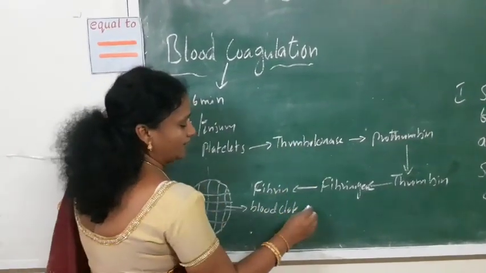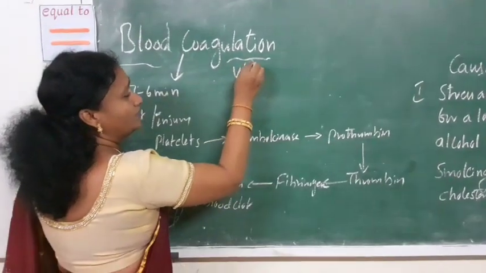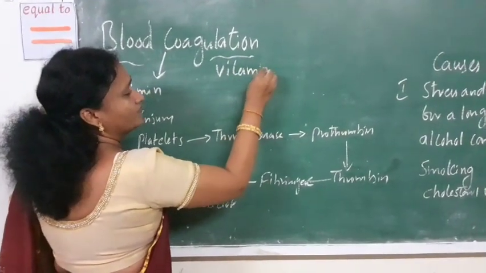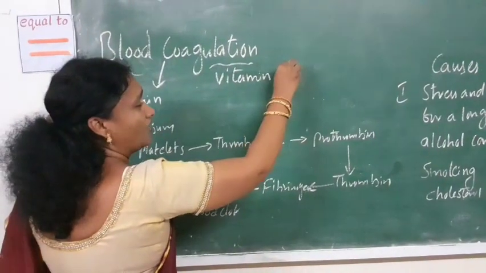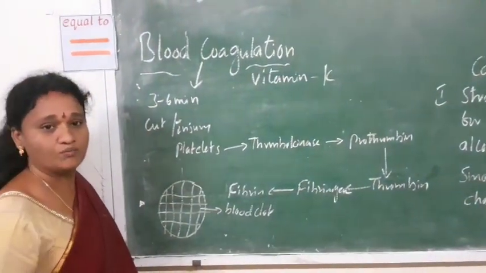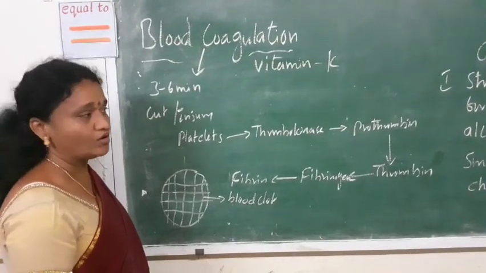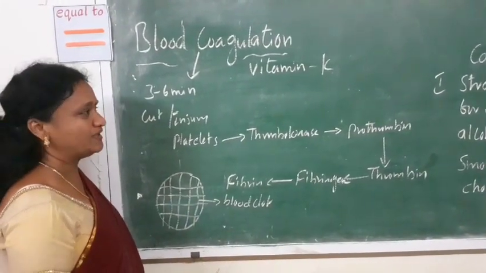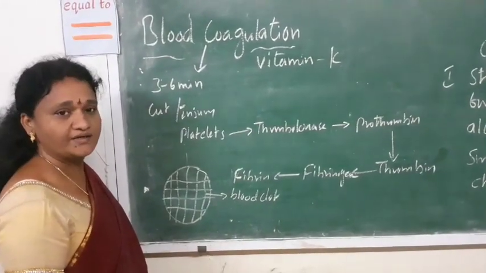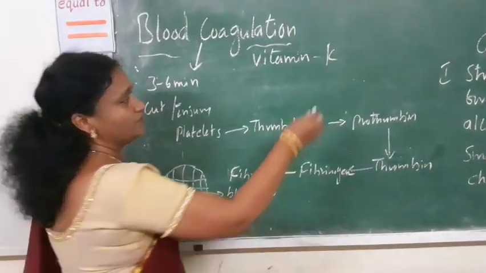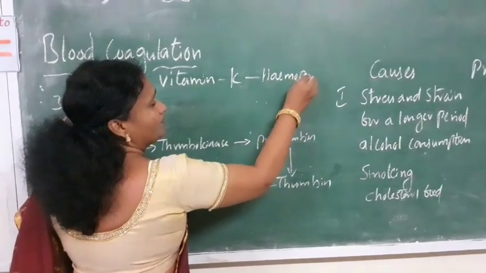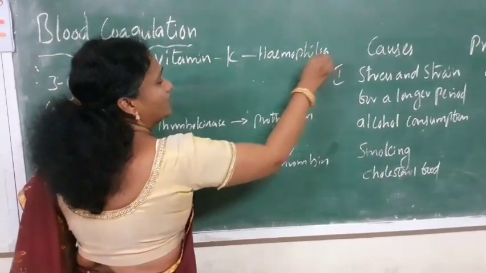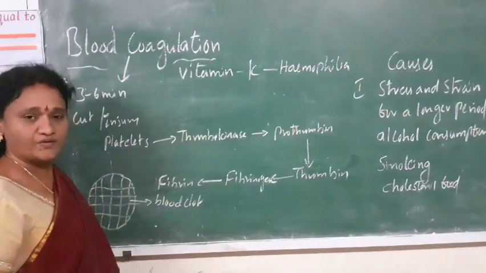Generally, vitamin K is necessary for blood coagulation. If we have a sufficient amount of vitamin K in our body, the blood coagulates within 3 to 6 minutes. But in some people, because of a hereditary disease, that is hemophilia, the blood won't stop from the injuries. The blood continuously goes out of the body.